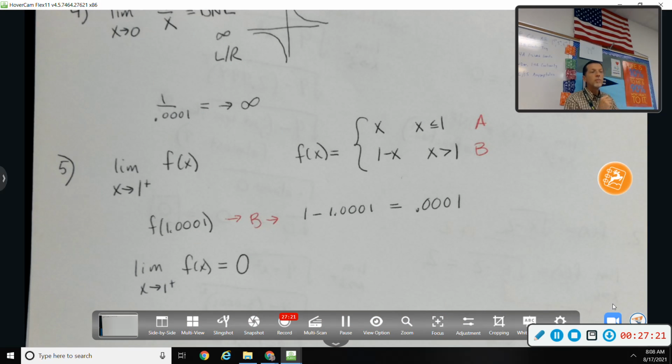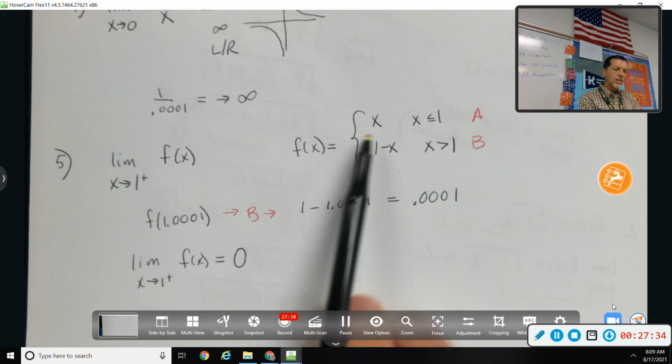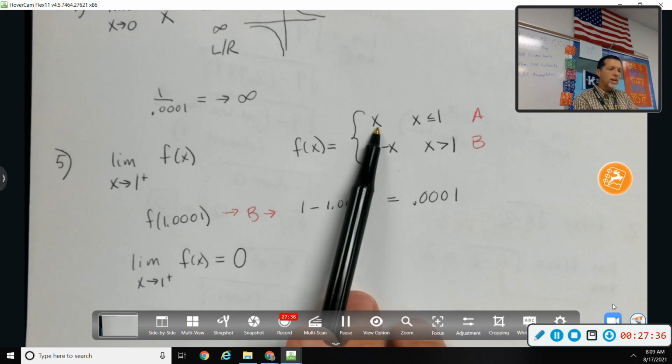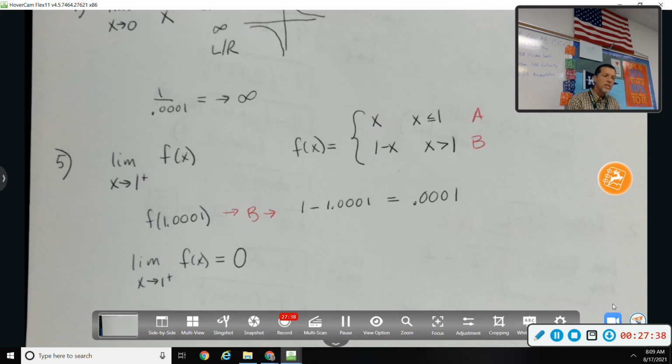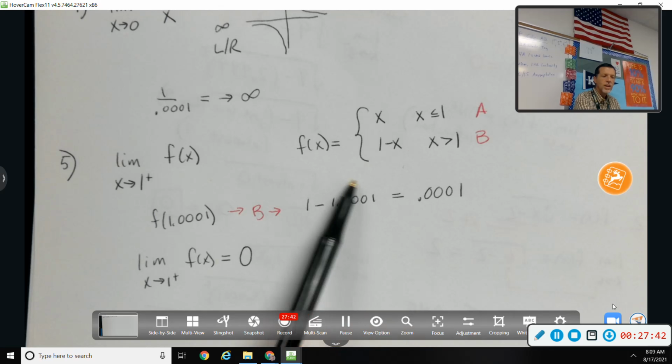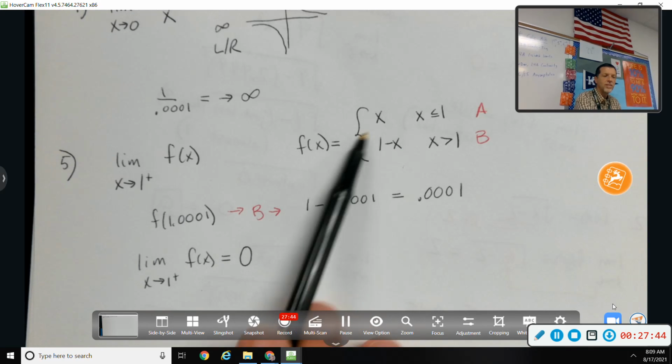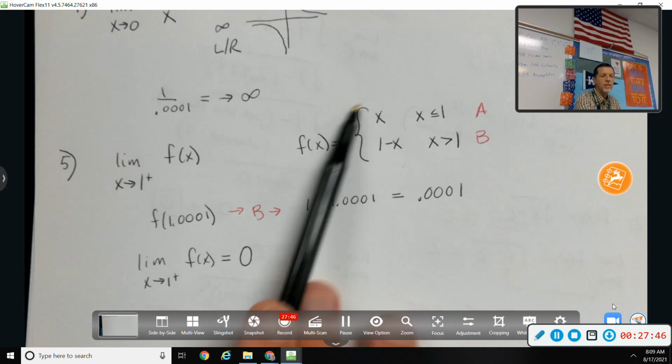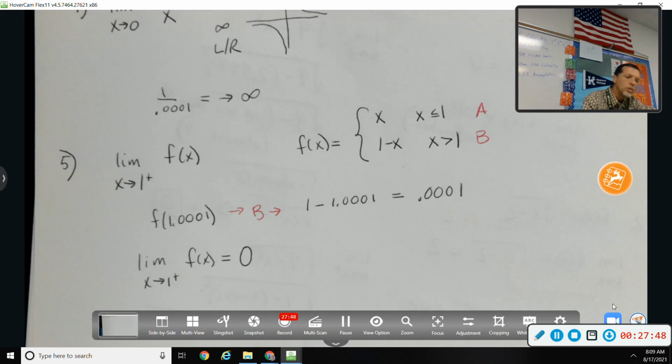From the right. From the left, what would I have to plug it into? Which branch would I use? A, I'd use this branch and plug into there, and I guess if I plugged in 1, I'd just get 1. So this picture must have a jump at x equals 1, because the limit from the right is 0, the limit from the left would be 1. So use your piecewise stuff to plug it into the right spot.